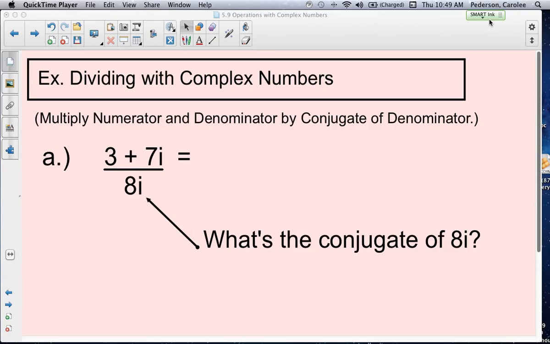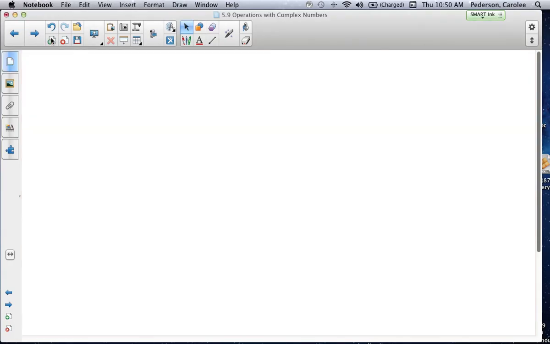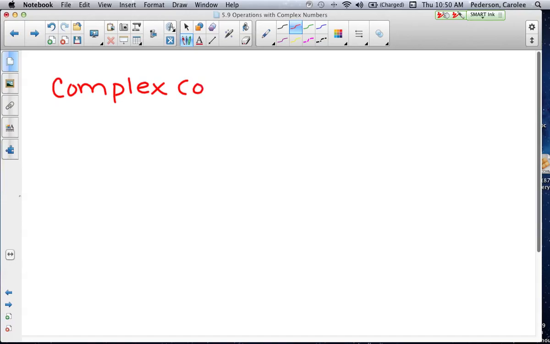So in this example we have 8i. The rule is you multiply the numerator and the denominator by the conjugate of the denominator. So if I review for a minute, conjugates, a complex conjugate, you don't need to write this down.